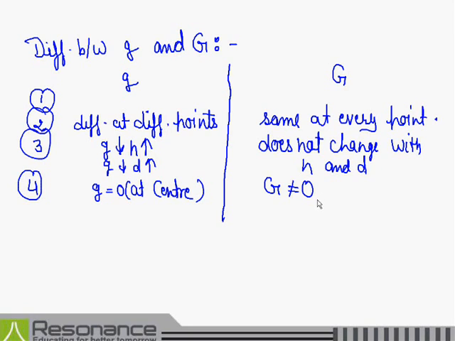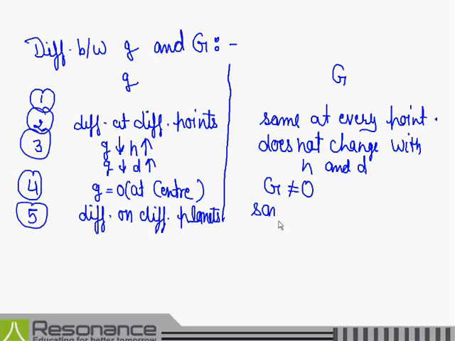Next point, the value of g is different on the surface of different heavenly bodies like the sun, moon, the planets, while capital G is same throughout the universe.